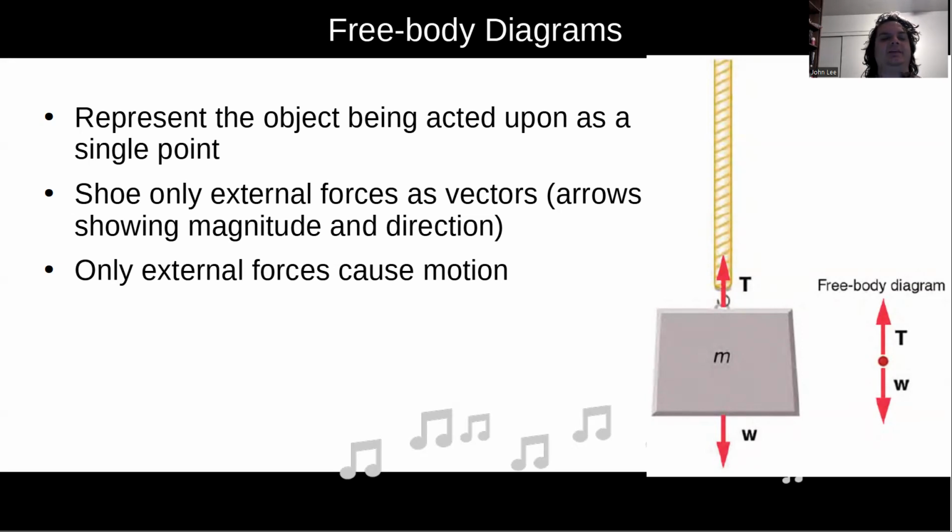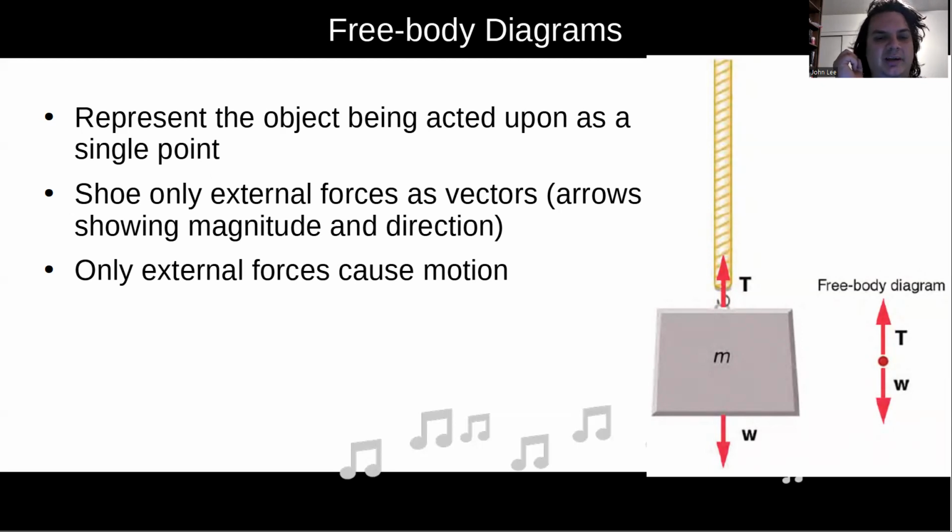Another thing to notice about free body diagrams is that only external forces cause motion. That means only forces that aren't internal to the system you're looking at cause motion. So, for example, in this weight there are a ton of different electromagnetic and gravitational forces causing the weight to stay in a steady form and to be a solid object.